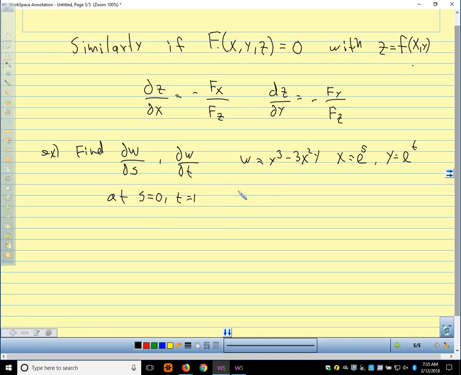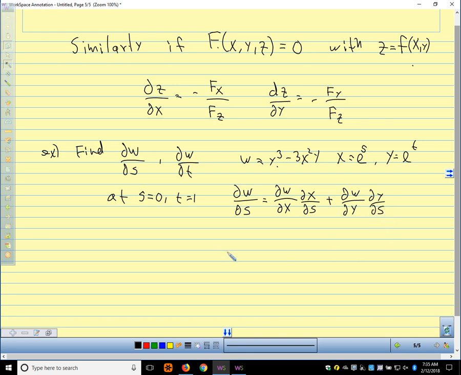All right, so partial of w with respect to s is going to be, and I just want to make sure that's a y. Partial of w with respect to x, partial of x with respect to s, plus partial of w with respect to y, dy ds.